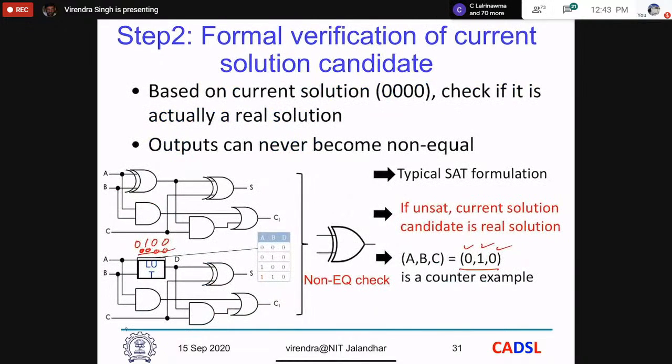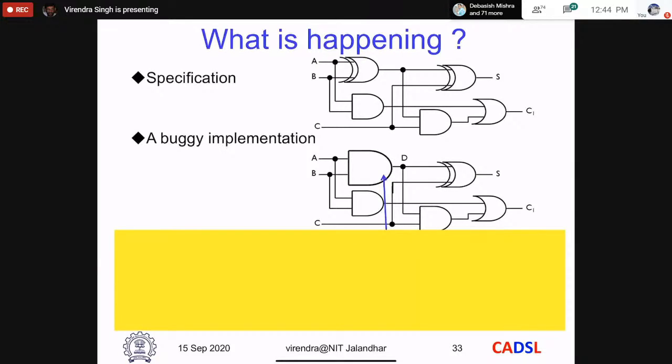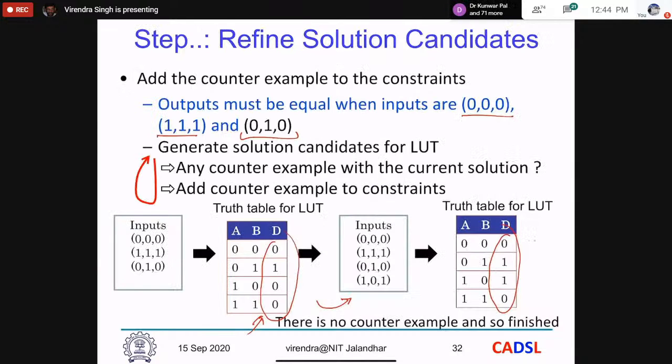So here now I will replace this with 0110 and look for another counter example. Now I won't get any counter example. Here no counter example. No counter example means there cannot exist any input for which this configuration will give you a different output from the specification.